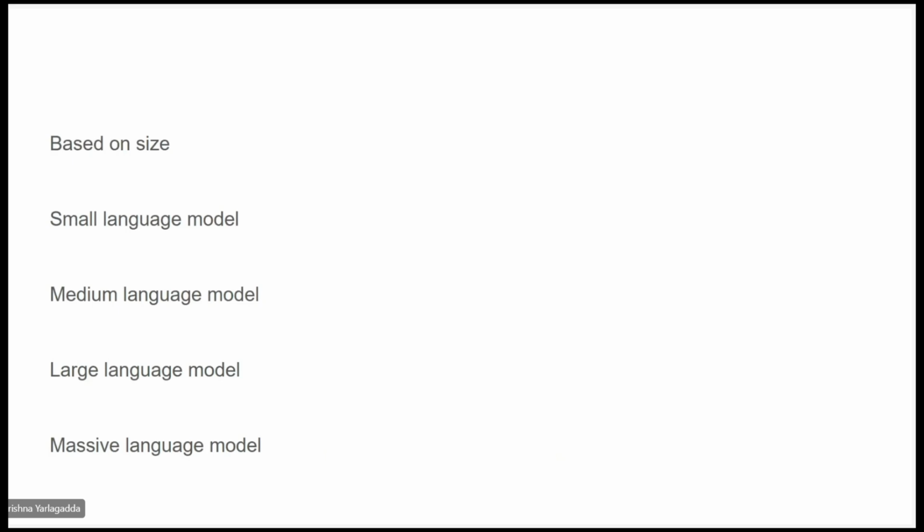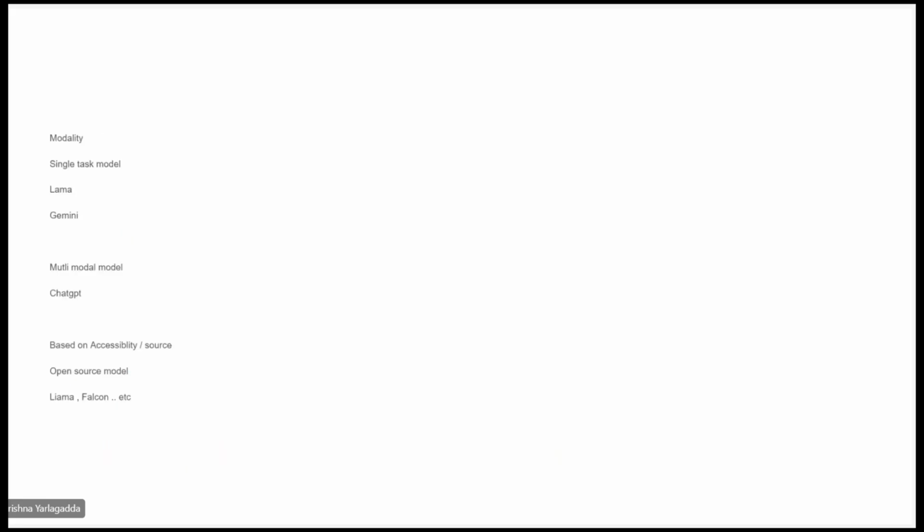These are the different types of language models that we'll follow when implementing the data. You will come to know in detail in upcoming sessions what the large, small, and massive language models are. But now I'm trying to familiarize you with these words.